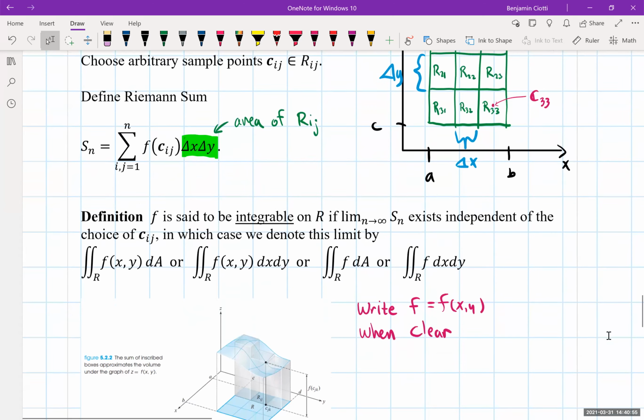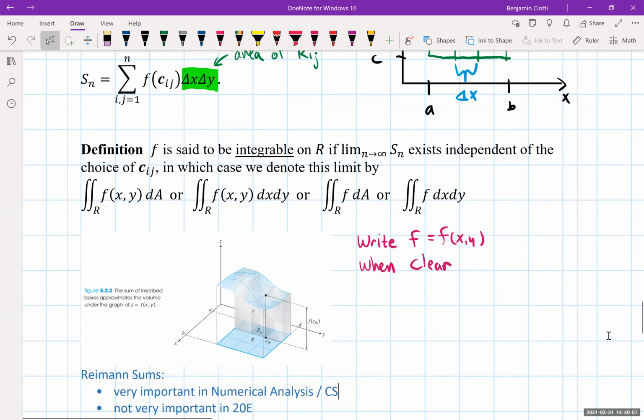Now, remember in 20B how you learned Riemann sums and they were kind of tedious and tricky, and then you learned an easier way to do integrals and you stopped using them. Same thing here. We're actually not really going to use Riemann sums much in this class.